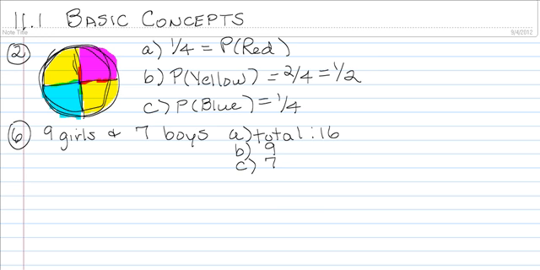The probability of event E, the probability of getting a girl, is 9 out of 16. And E, the odds in favor. Remember, odds in favor will be favorable to unfavorable. So that's 9 to 7. And that takes care of number 6.